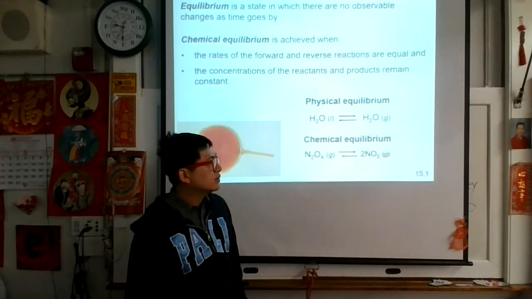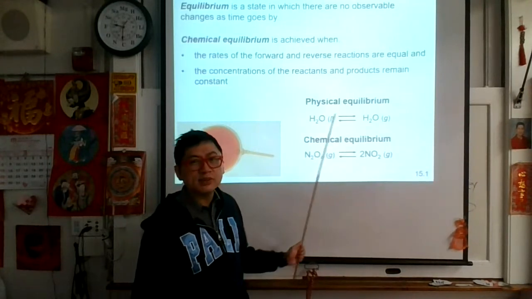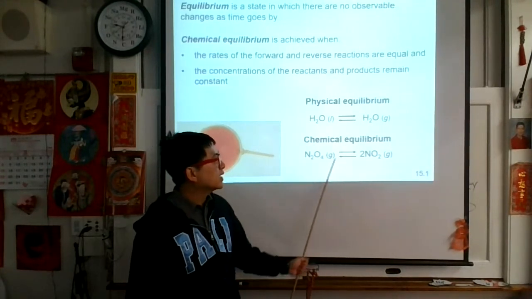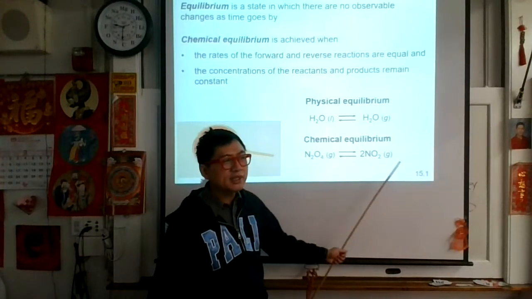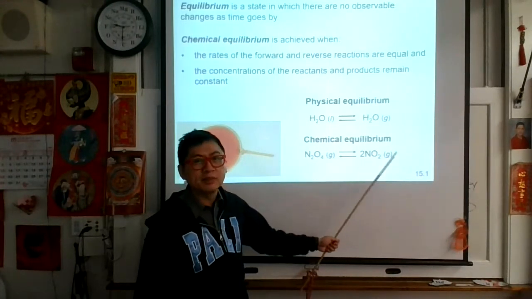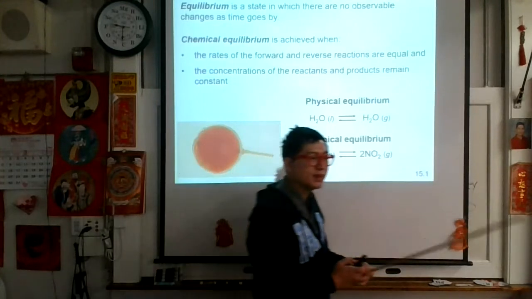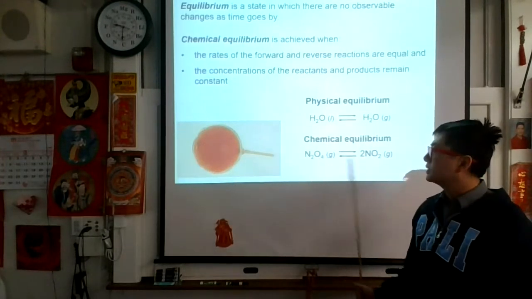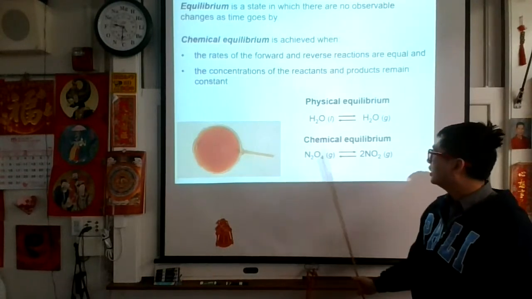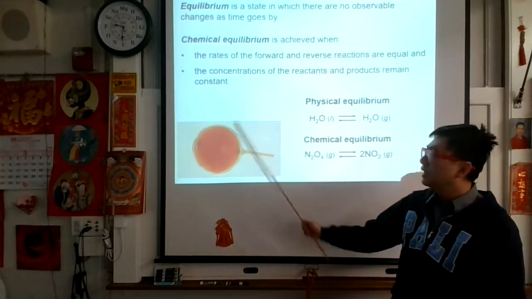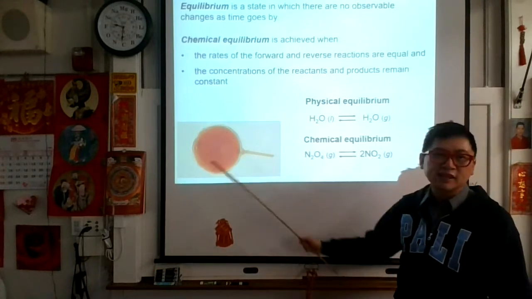In chemical equilibrium, though, it's not just like a liquid turning to solid, but from one chemical, let's call it chemical A, turning to chemical B, and B turns into A, and A turns into B, and B turns into A. What this reaction is specifically here is the dinitrogen tetroxide turning into nitrogen dioxide.